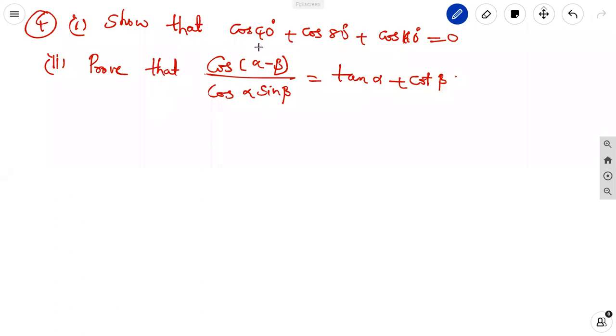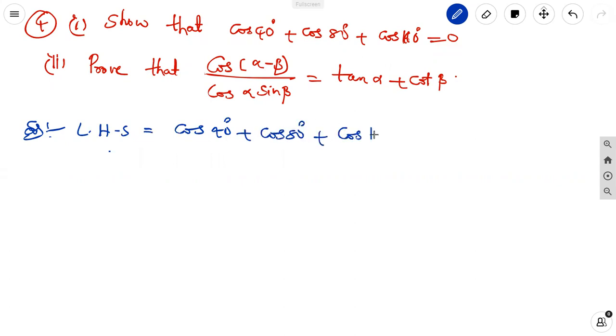Fourth one, show that cos 40 degrees plus cos 80 degrees plus cos 160 degrees is equal to 0. Second one is cos(alpha minus beta) by cos alpha sin beta equal to tan alpha plus cot beta. We can prove that one. Here we are taking the first problem. LHS is equal to cos 40 degrees plus cos 80 degrees plus cos of 160 degrees.